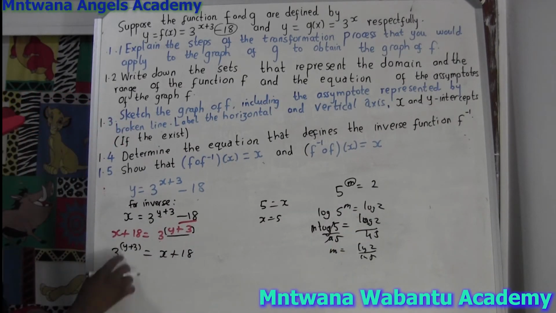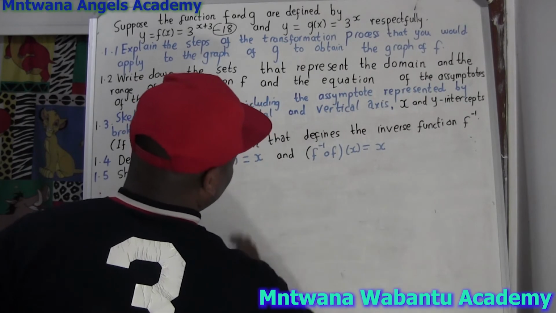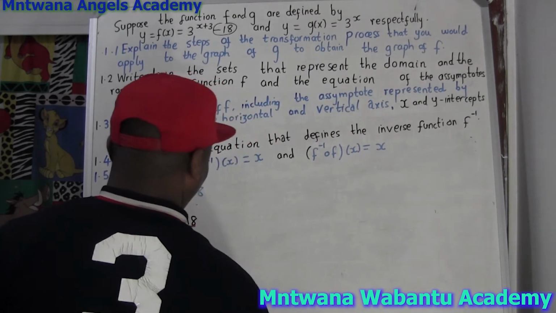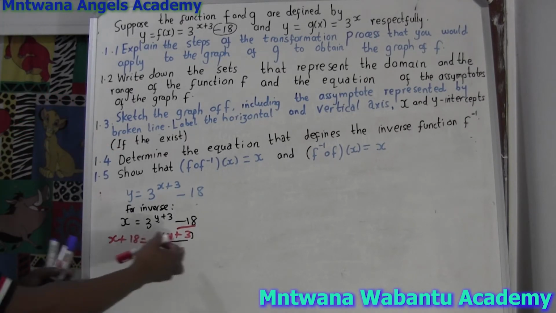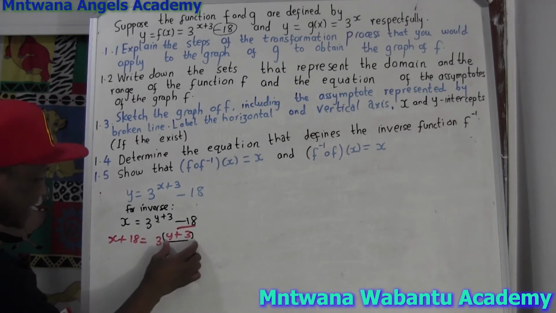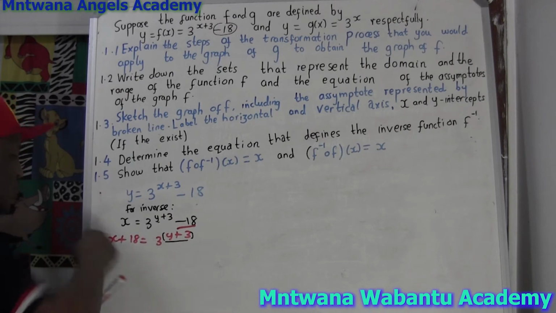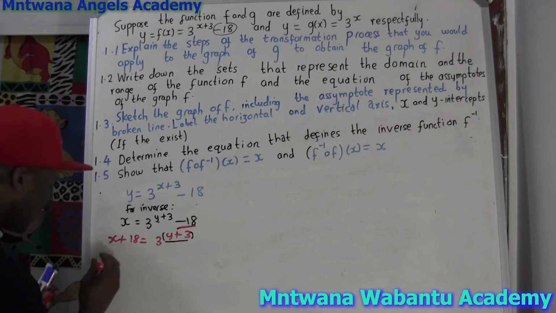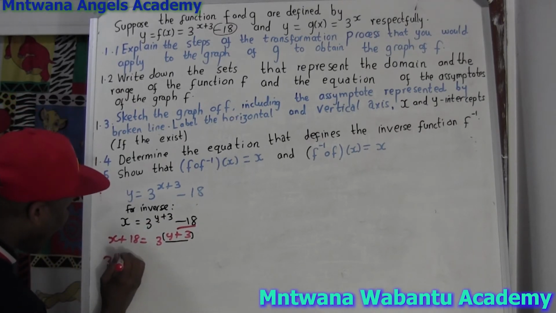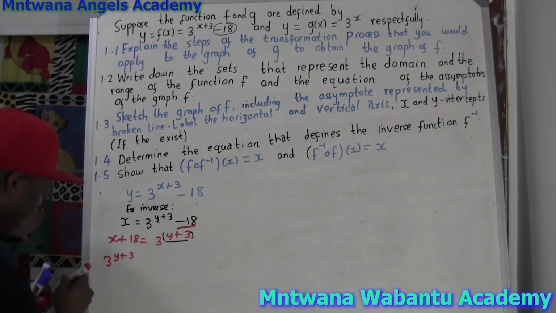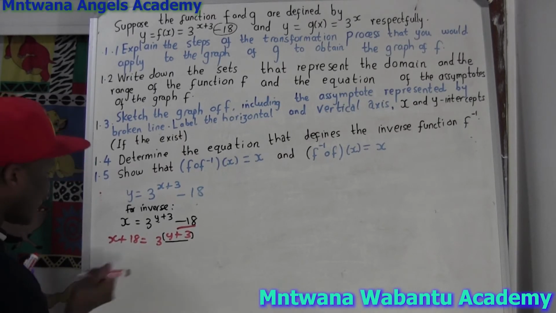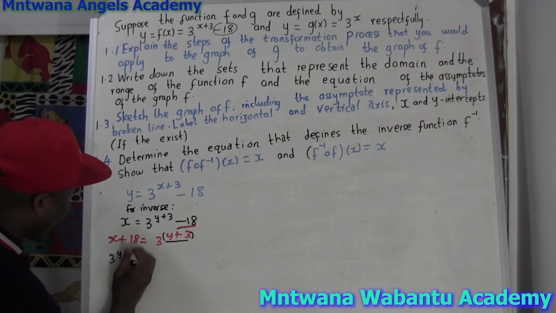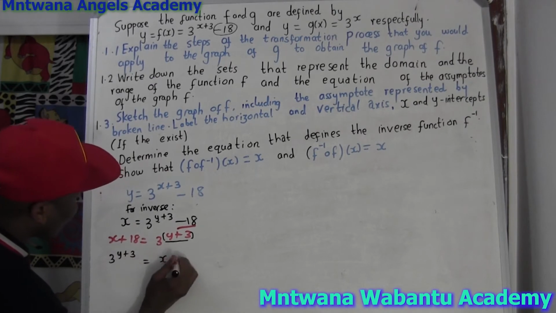So what I'm going to do now, since I want to get this, I'm going to apply log. So let me switch. This will become 3y plus 3 equals x plus 18.